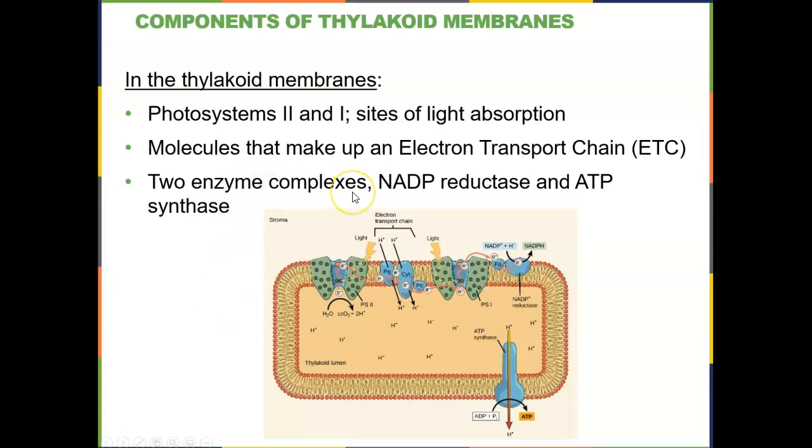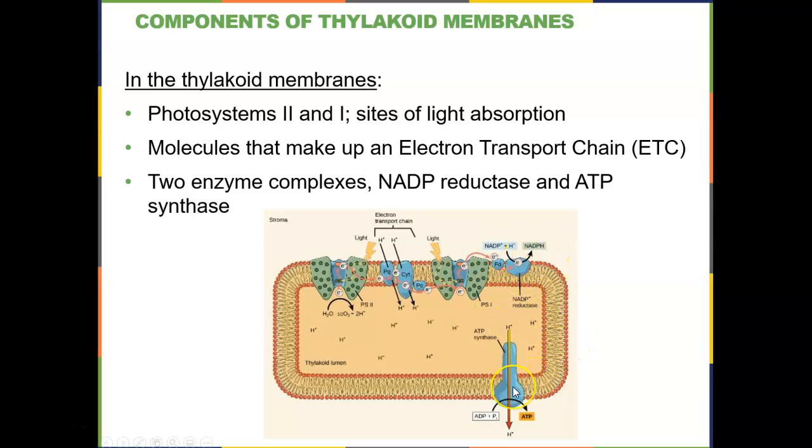There are two enzyme complexes: an NADP reductase and an ATP synthase. This is the NADP reductase, which is going to make the NADPH from the electrons, and we are going to reduce NADP plus in order to make this.